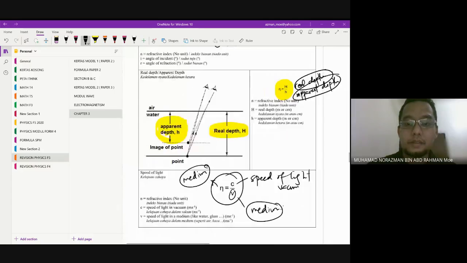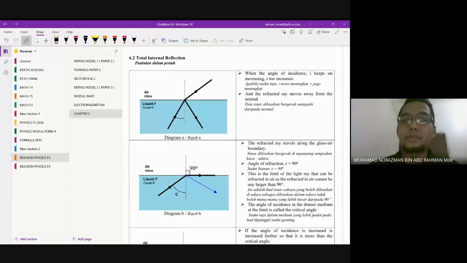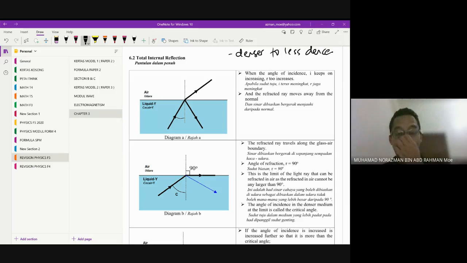Okay, next. Total internal reflection. So first, kalau paper 2 explanation, you need to explain, for example, how light travels in optical fiber. Keyword: light must travel from denser medium to less dense.